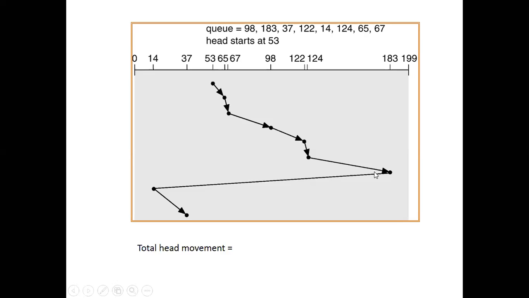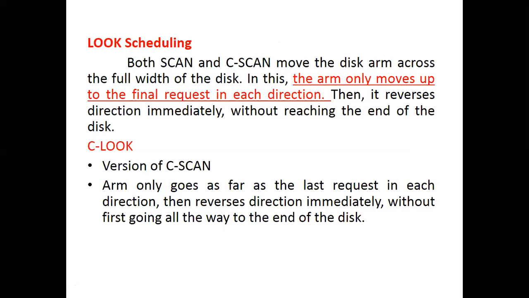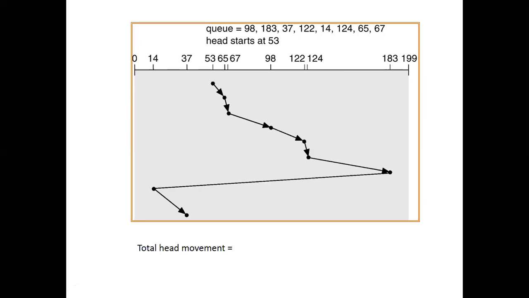So is it LOOK or C-LOOK? It is C-LOOK, because during my reverse trip, I won't service the requests. Here also I don't need to touch 0. I just end with the final request in the left direction, that is 14. I reverse my direction, and during my second trip, I can service the pending requests. So this is called C-LOOK scheduling and LOOK scheduling.